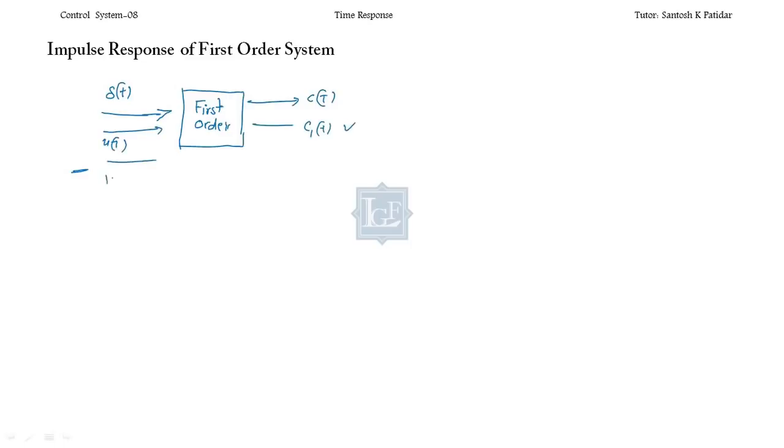Then I'll apply the unit ramp to the same first order system. We'll get CR(t), whatever it is. Then I'll provide the parabolic input to this, and I'll get some output over here. So we are going to discuss these 4 input output relationships.